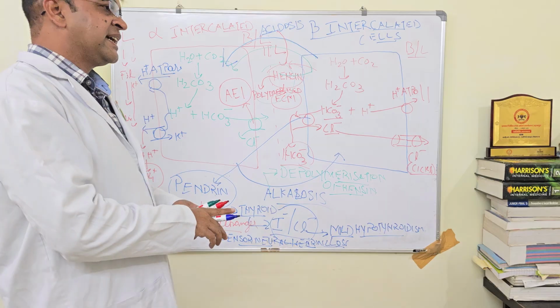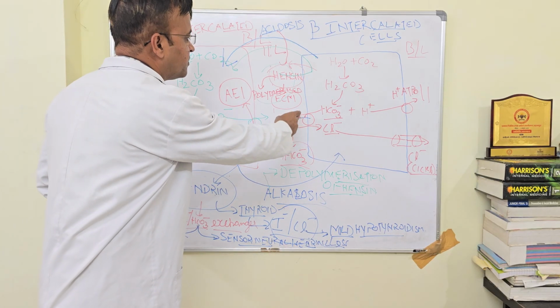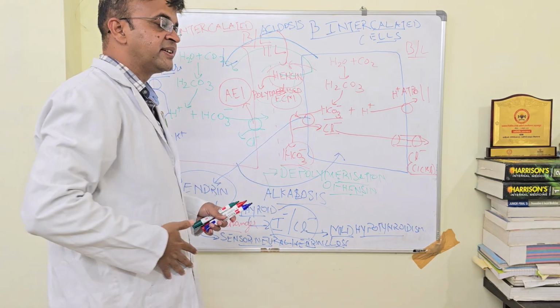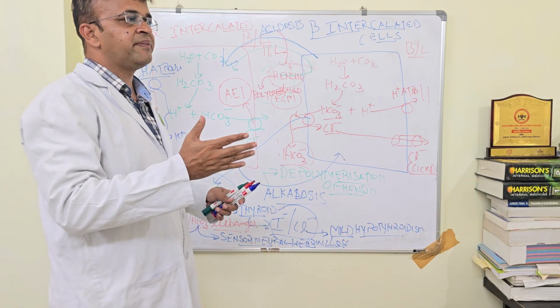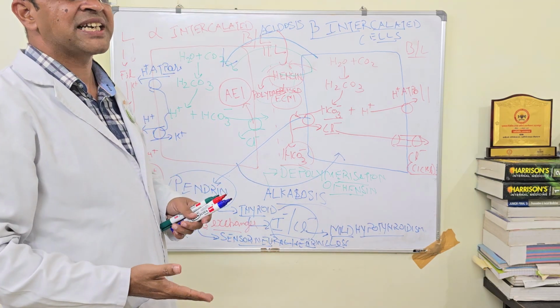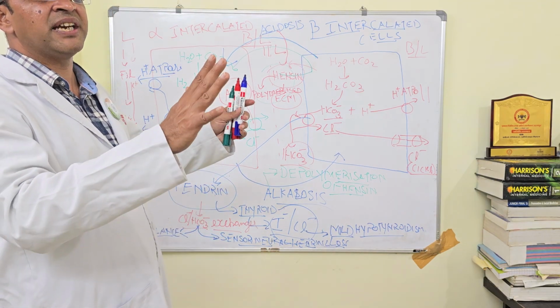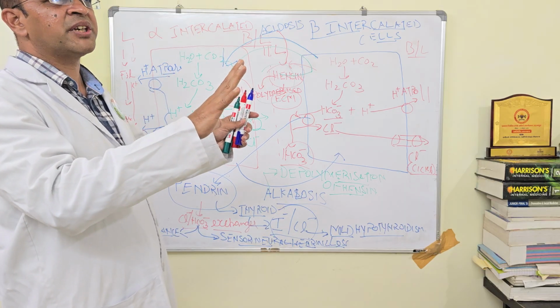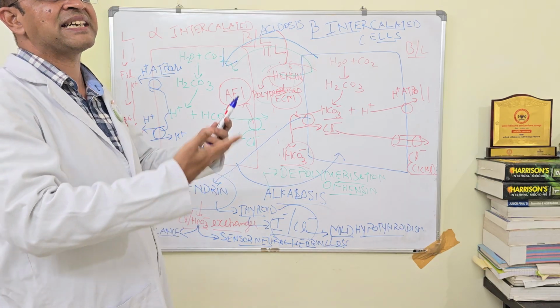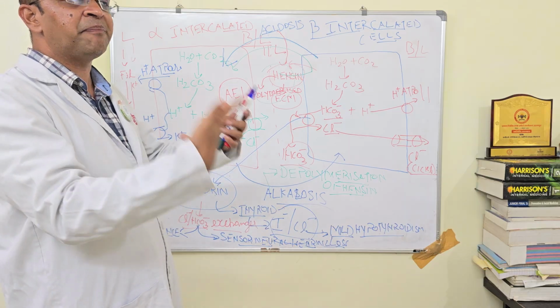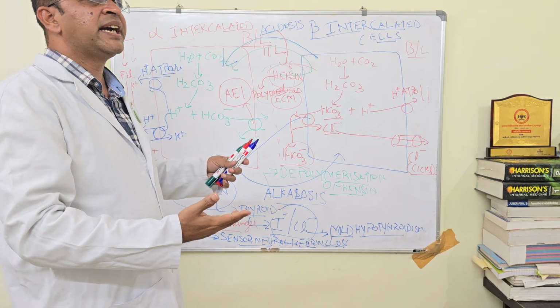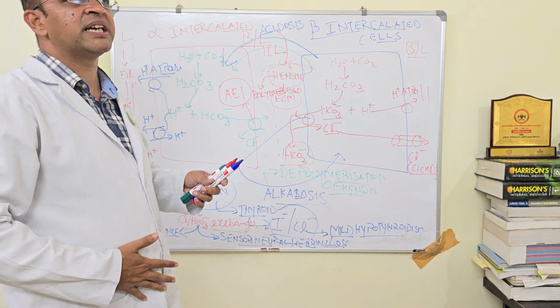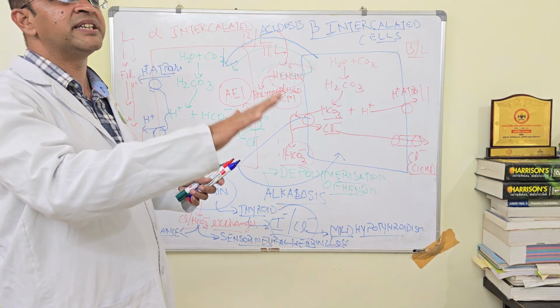Apart from that, if this problem happens in the kidneys, then such a person will have a defect in managing metabolic alkalosis. That means in normal conditions he won't have much issue, but just in case a metabolic alkalosis happens, then he will have issues in managing it. So it's a kind of subclinical condition.